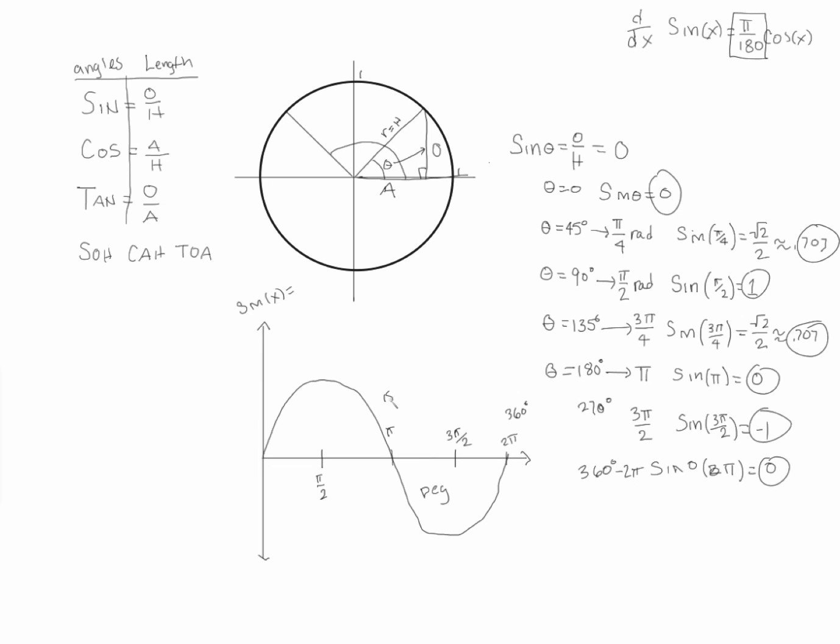This is 180 degrees. This is 90 degrees. Here's the cool feature, is when we plot sine of x, what began as just the ratio of a triangle, okay, turns into this weird wave-like function.